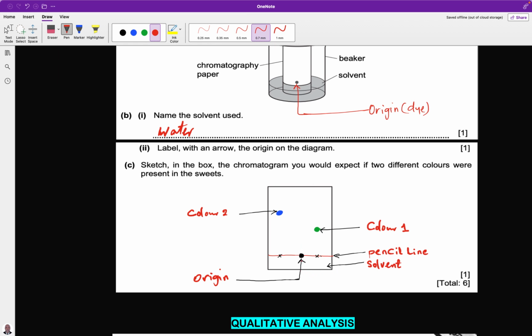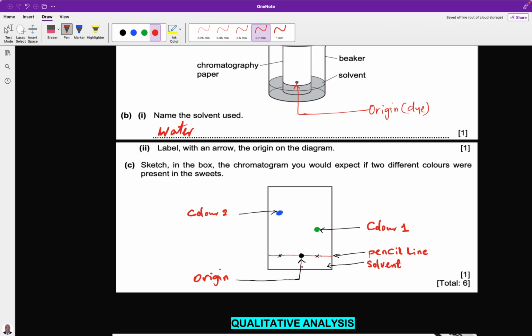I have used this to draw. This is the paper. This black spot here is the dye, and we call it the origin. Then this is the pencil line, and the dye is on the pencil line.